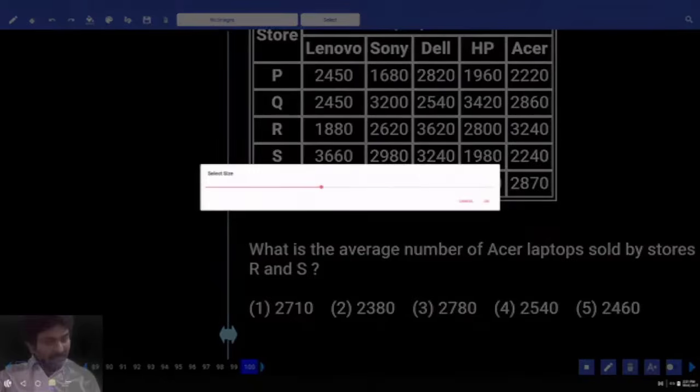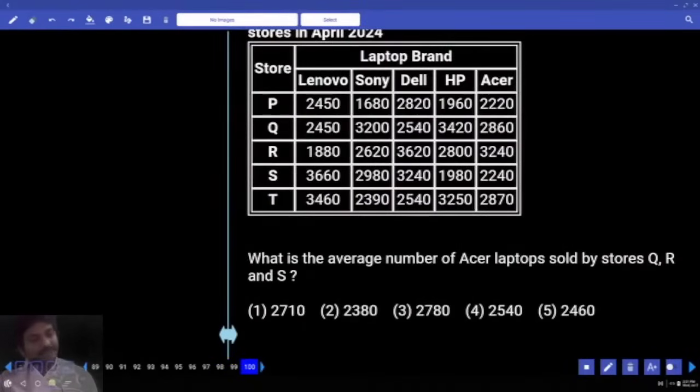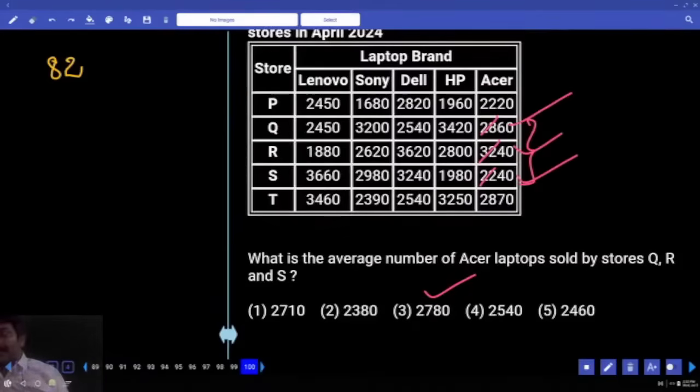Acer, Q, R, S. These three, right? 2,800, 3,200, 2,200. 2,800, 2,200, 5,000 plus 3,200, 8,200. 60, 40, 40. That means 8,340 divided by 3.